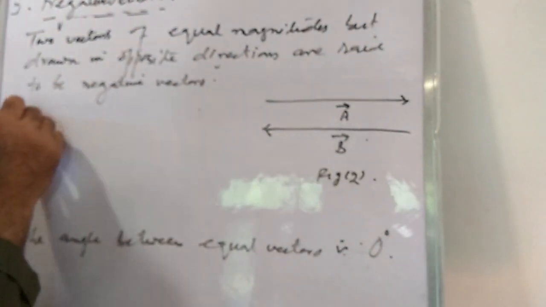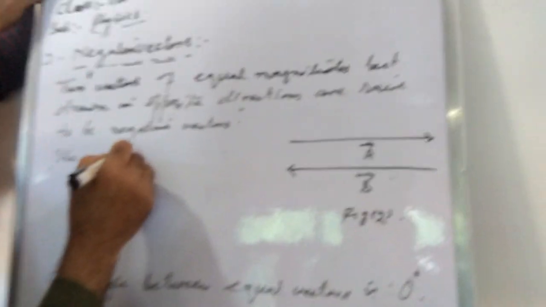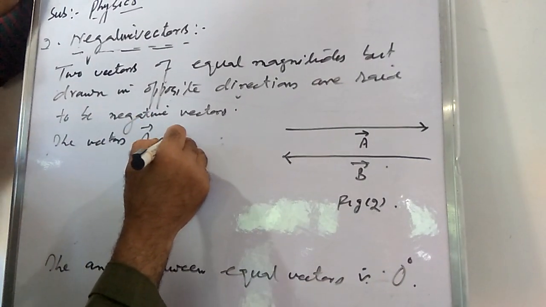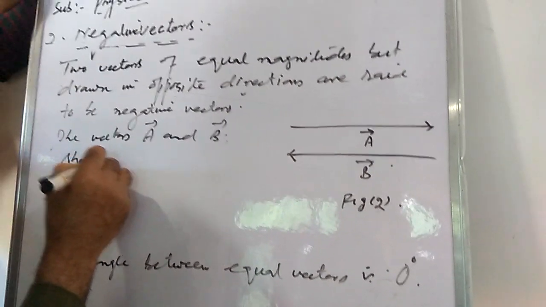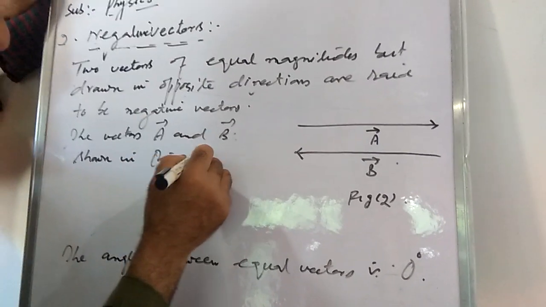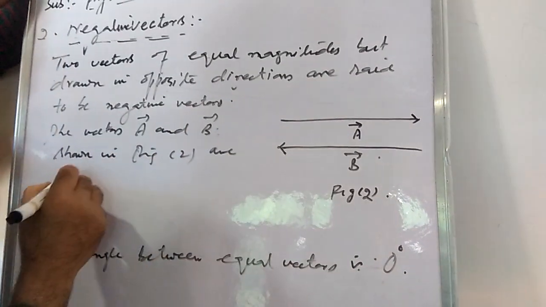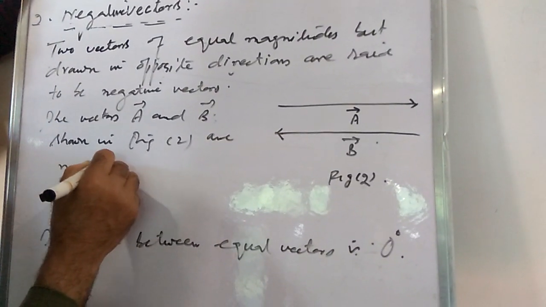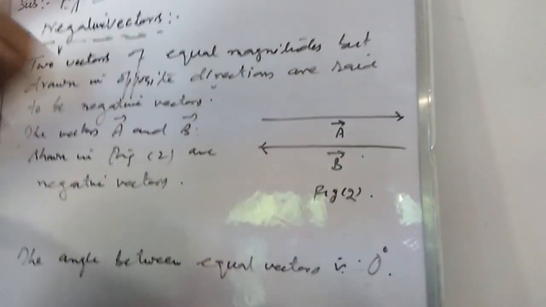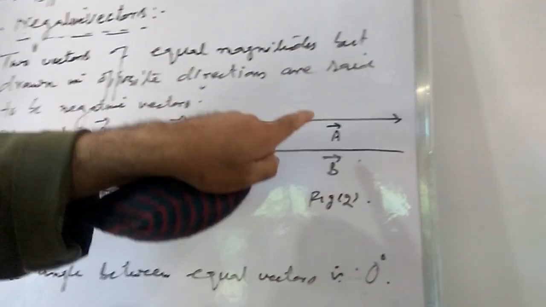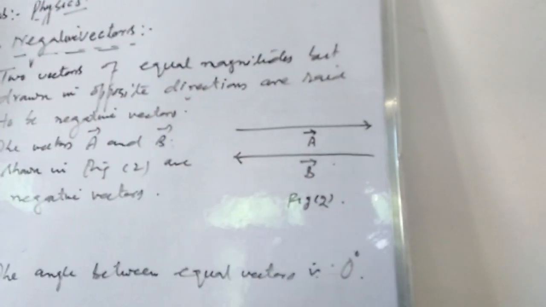Here the vectors A and B shown in figure second are negative vectors. Okay, dear students, A and B, they are drawn in opposite direction having equal magnitudes, they are said to be negative vectors.